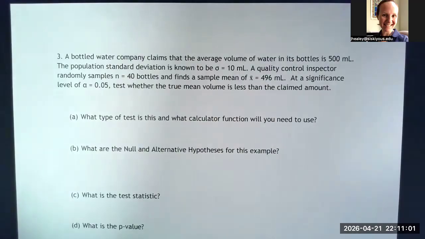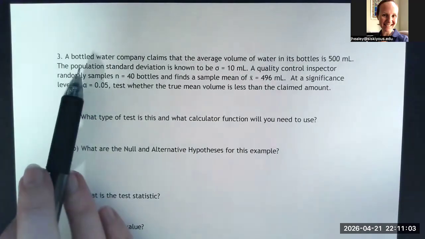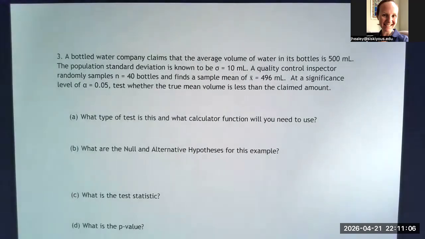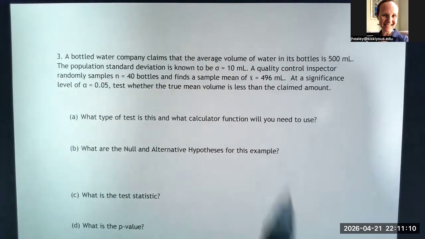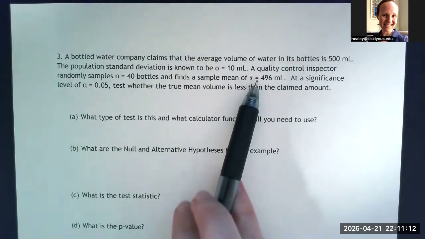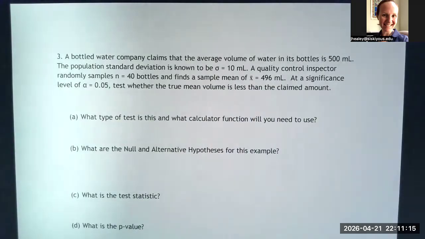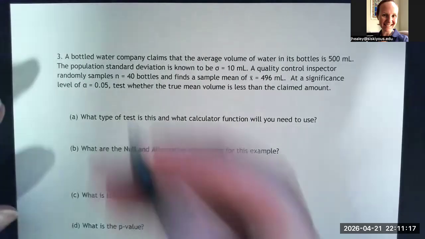So we just had a very unusual thing. We got the population standard deviation, and we're talking about means. We're actually only talking about one mean. So because we're only talking about one mean, this is going to be a one sample Z test.